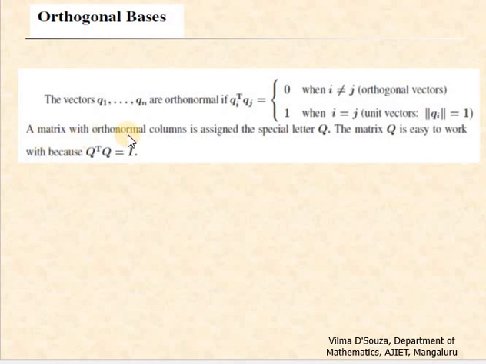A matrix whose columns are all orthonormal is usually denoted by the capital letter Q, and this matrix is easy to work with because Q transpose Q is equal to the identity.